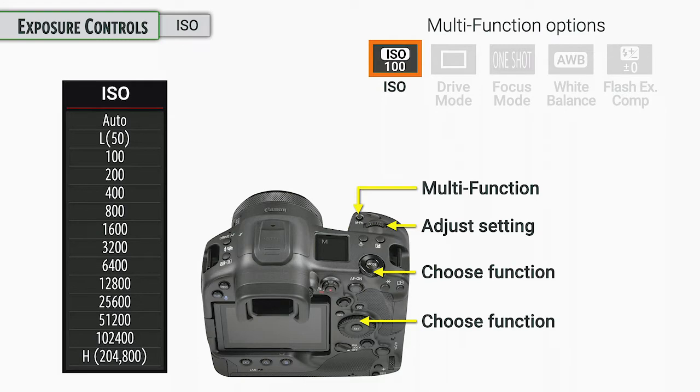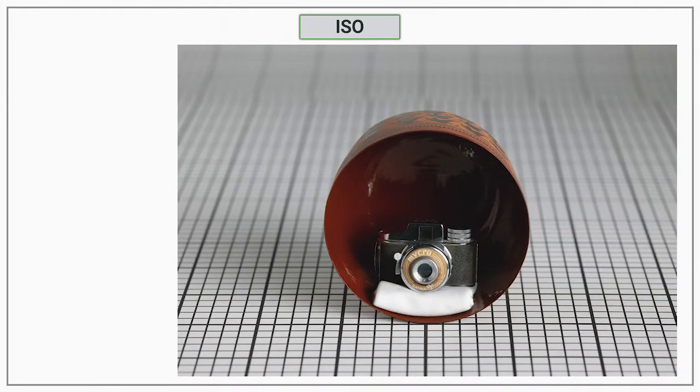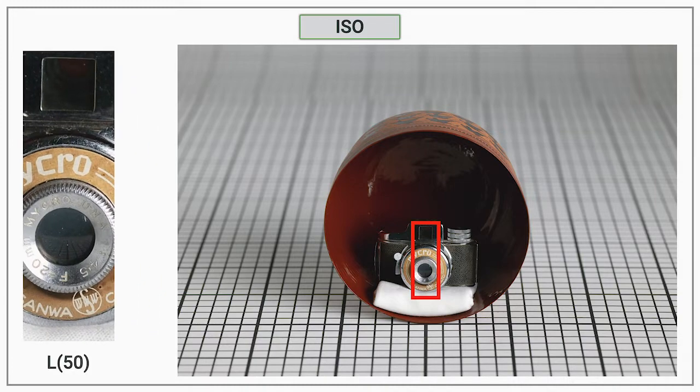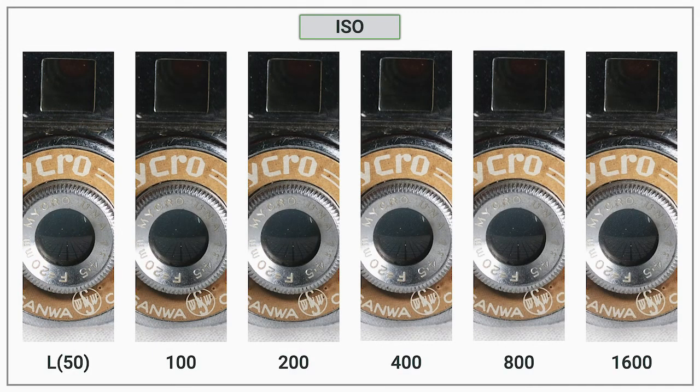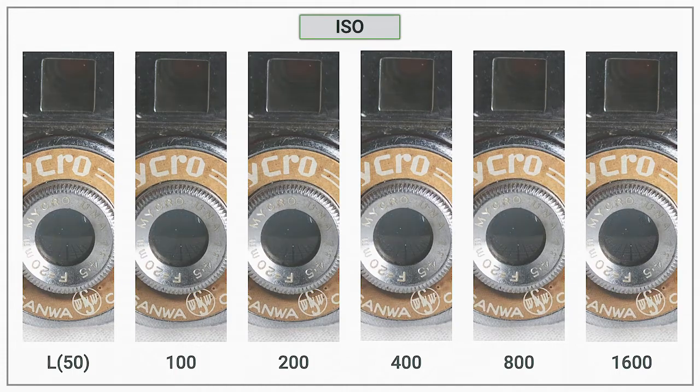Let's take a look at some samples of images that I've shot with all the different ISO settings. So we do need to blow this up pretty large to see the difference. Now, everything on this first page up through ISO 1600 is really very clean. This camera is very good at low light ability.